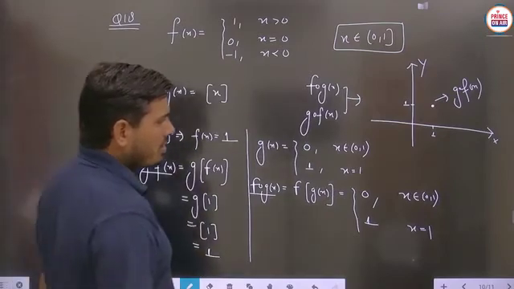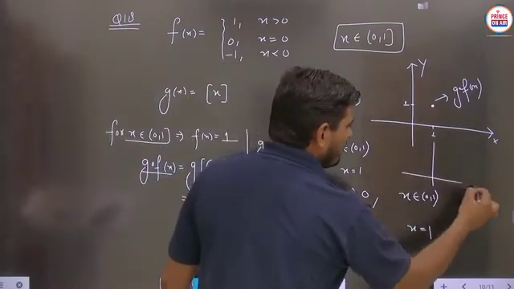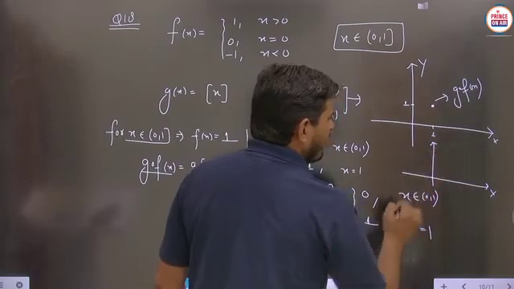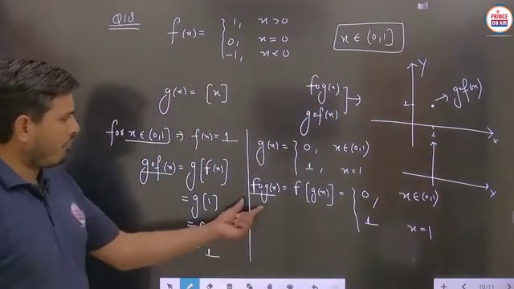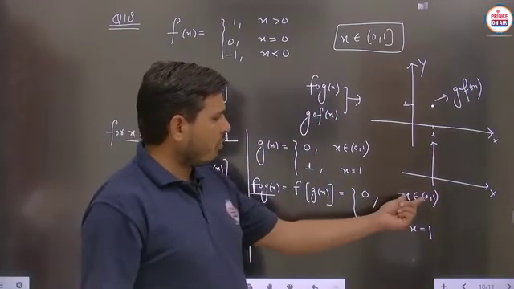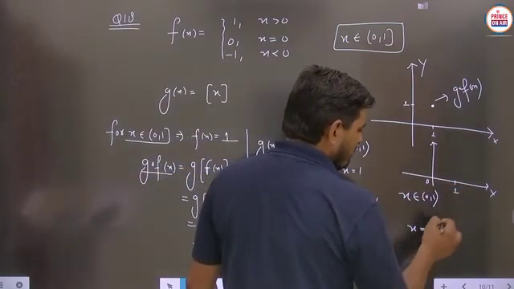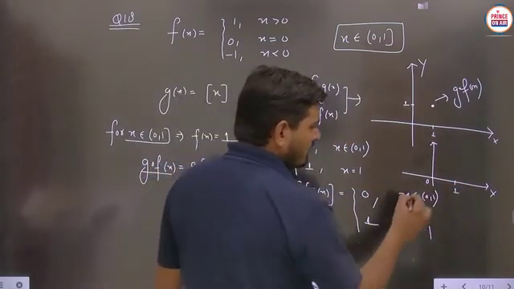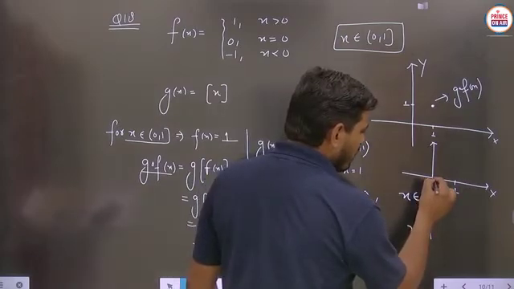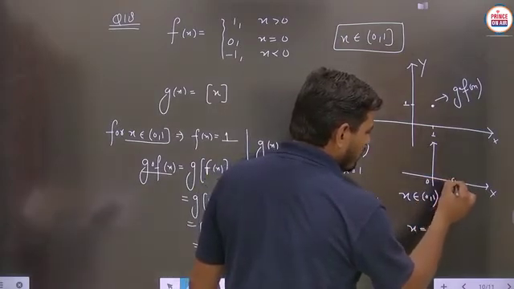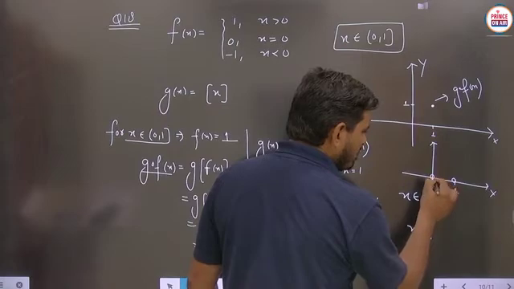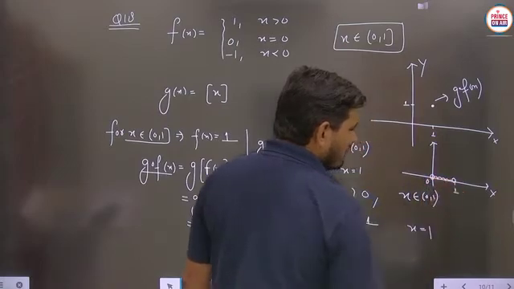Now, similarly, we have to draw the graph of f o g (x). For x belonging to 0 to 1, this is 0 and here this is 1. Then for 0 to 1 the answer will be 0, meaning 0 and 1 are both not included here, so we take the open interval, but this part will be the answer in this interval.